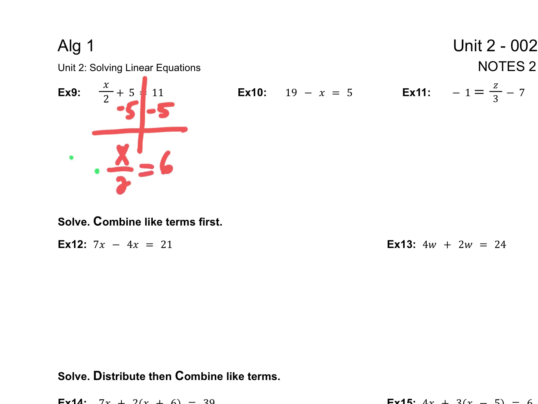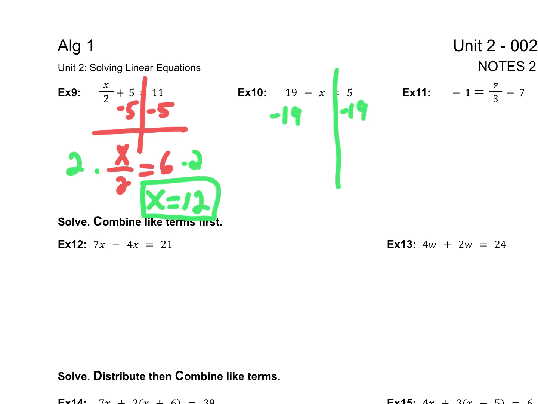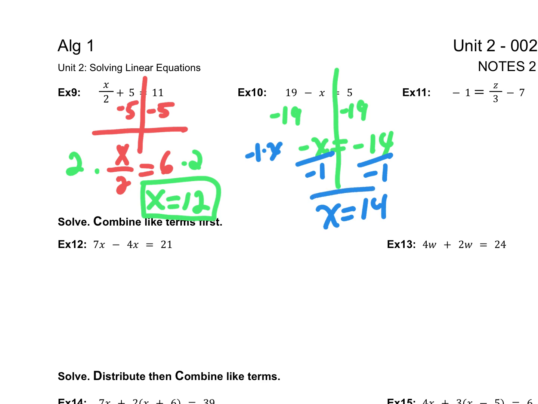Then you multiply each side by 2. X is equal to 12. Draw your line, subtract 19. -x equals -14. This is technically -1 times x, so you need a positive variable. So you're going to divide each side by -1, and you're going to get x is equal to 14.